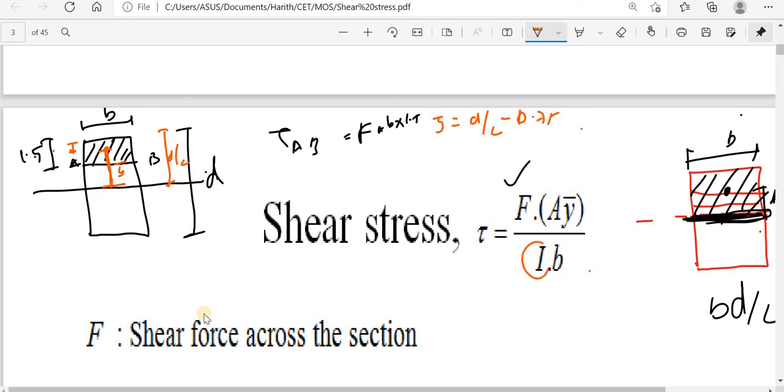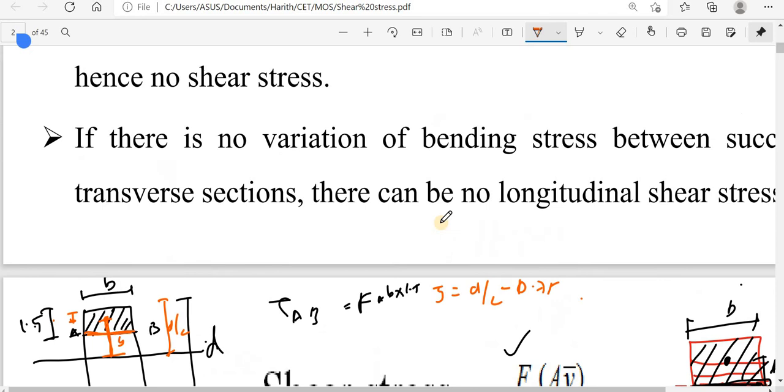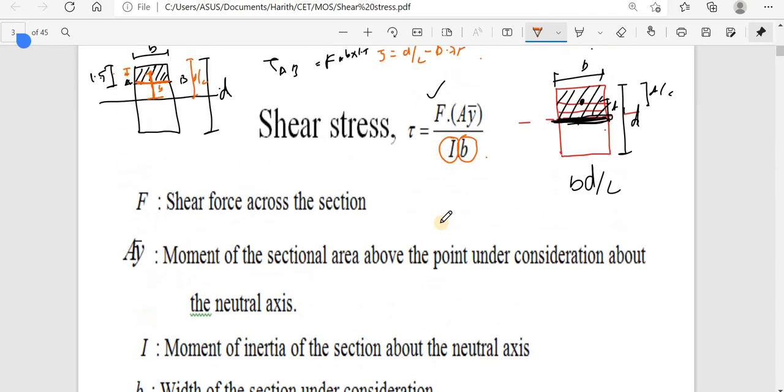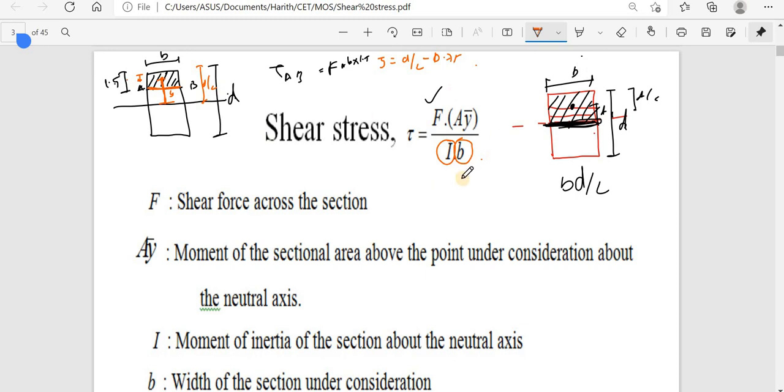What is I? Again it is the same, the moment of inertia about the neutral axis. Then B is the width of the section. While we are finding out some sections, I will explain that. So this is the meaning of this equation.